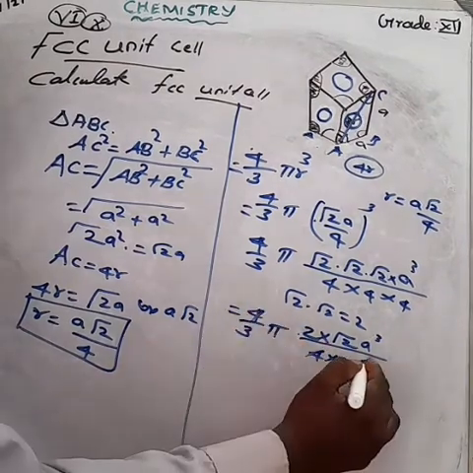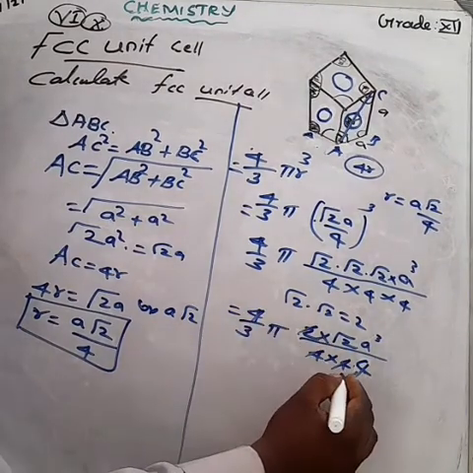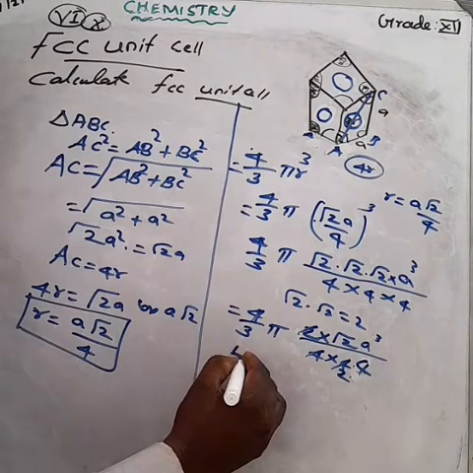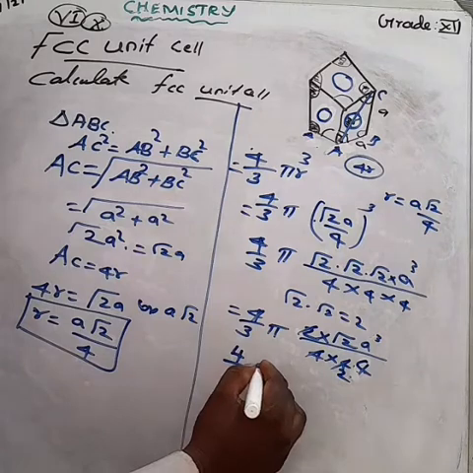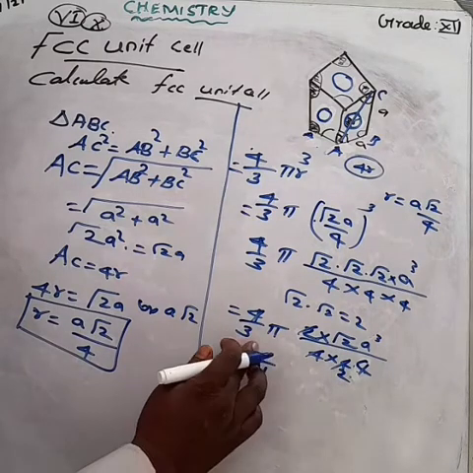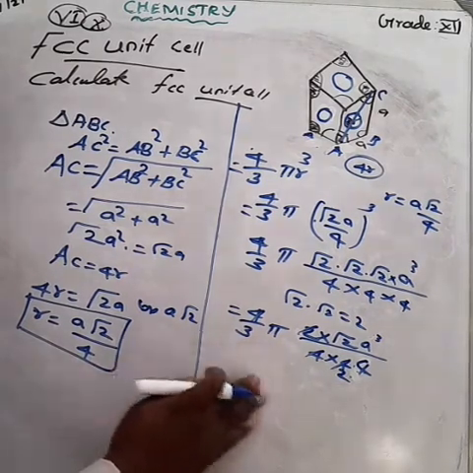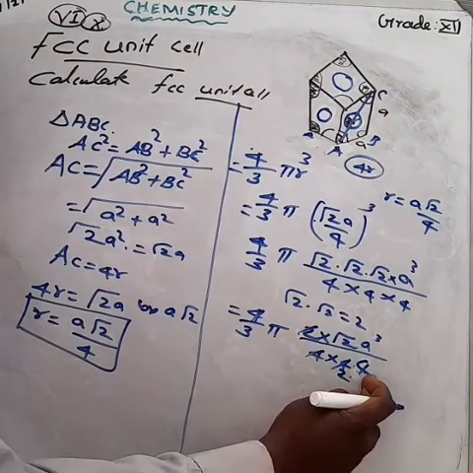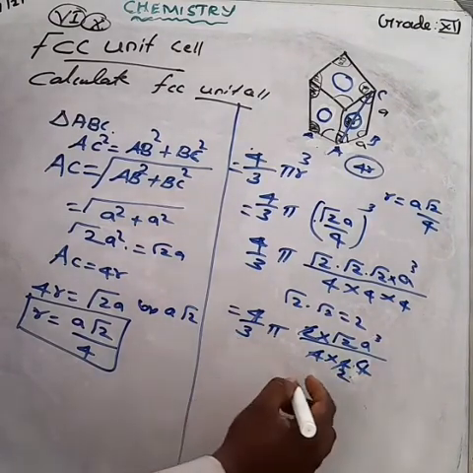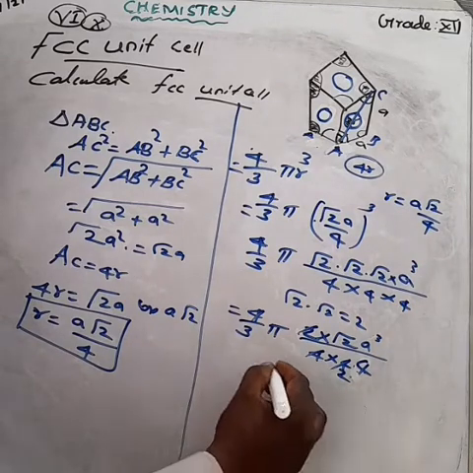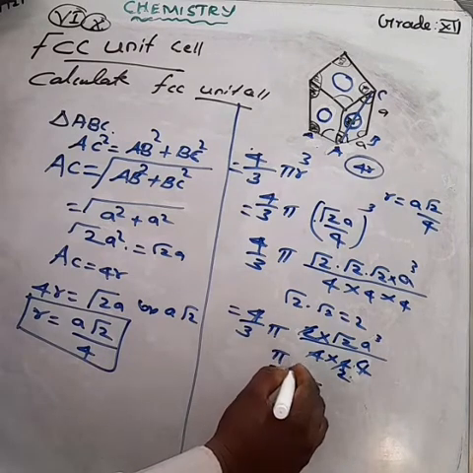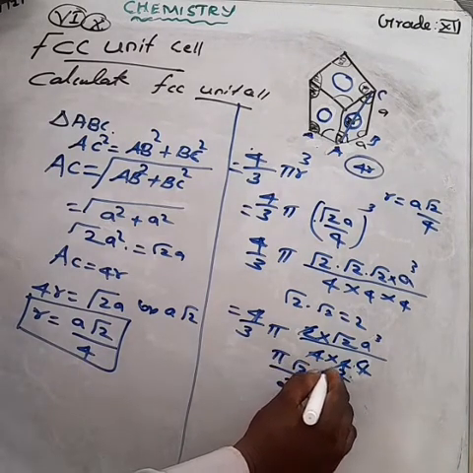This 4 and this 2 I am cancelling, so we can write 2. So what is our expected answer? Divided by 4, 2 fours are 8. 8 into 3 is equal to 24. And here pi root 2 into a cube. Pi root 2 a cube over 24.